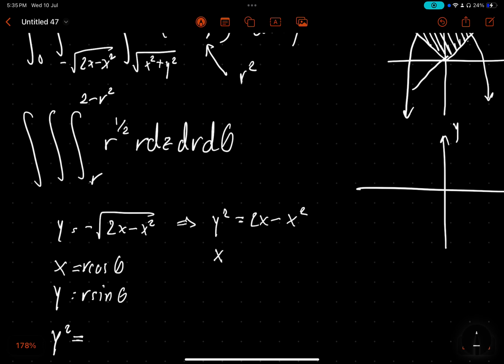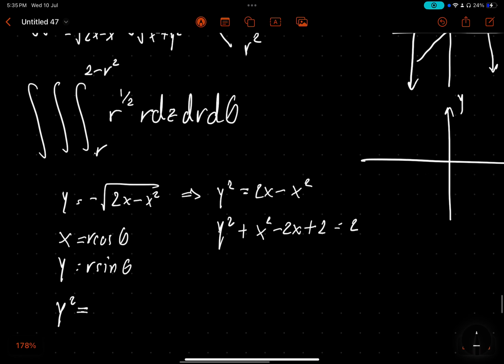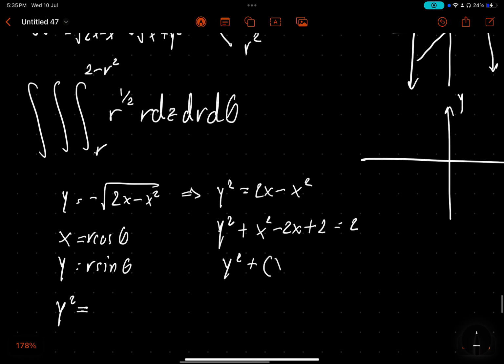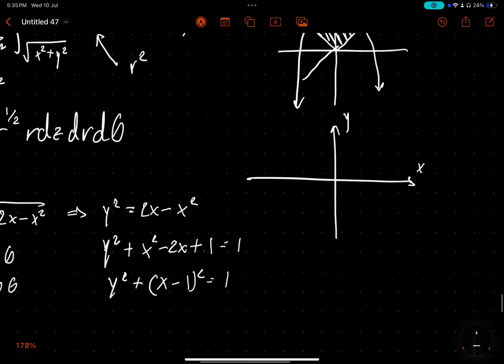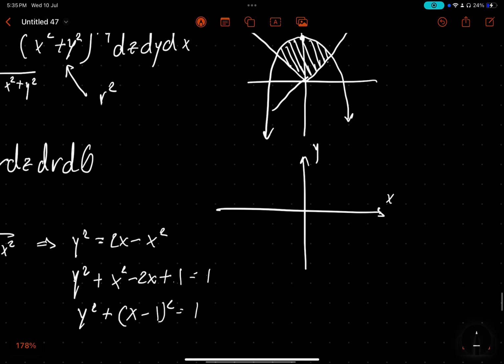So if we take x squared minus 2x and add 1 on both sides, we're going to have y squared plus x minus 1, all squared, equals 1.